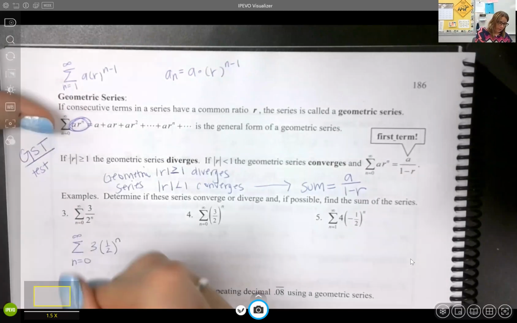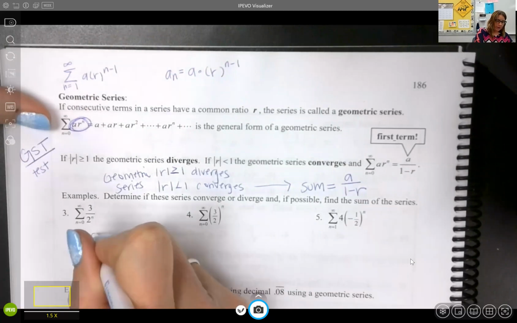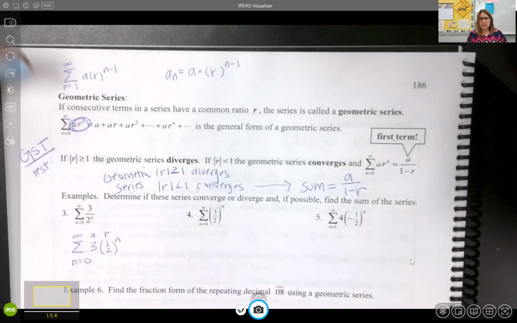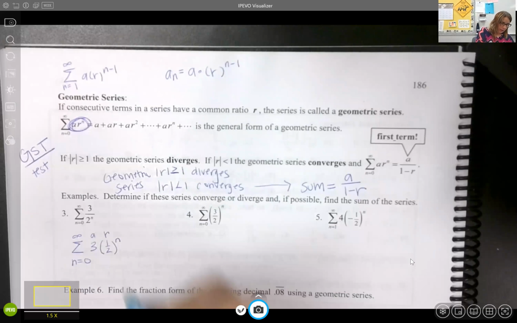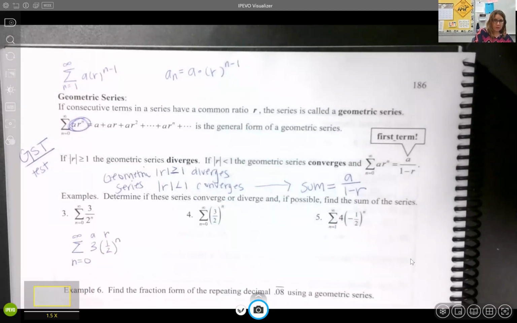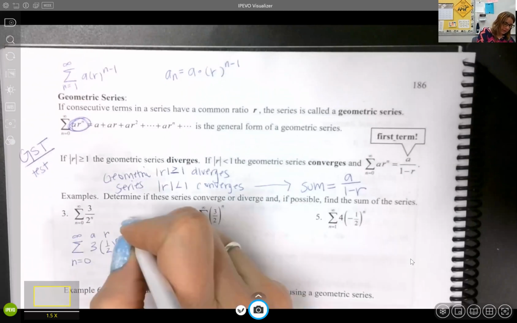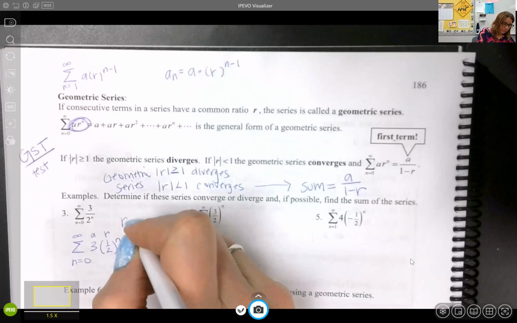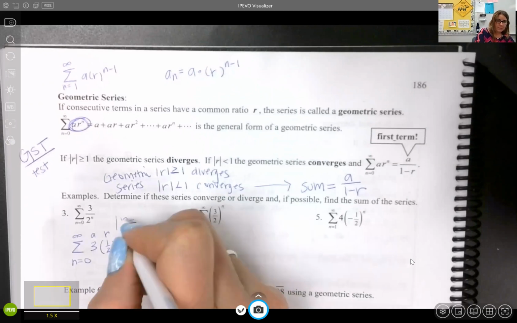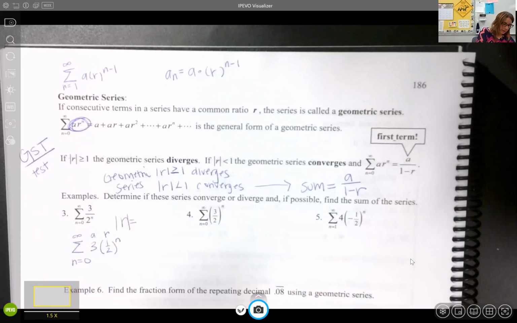So now I know that this is a and this is r. Okay, so now we can figure out r. So this is the notation that you use when it says determine if it converges or diverges. Okay, so you say r equals, and you actually do the absolute value of r is 1/2.